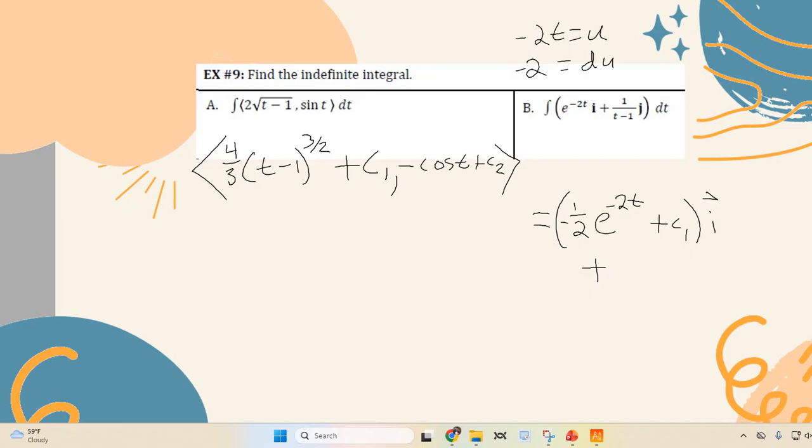Natural log of the absolute value of t minus 1 plus our c2. So all of our normal integration rules apply. We're just looking at them with t's now instead of x's. What questions do you have on those?